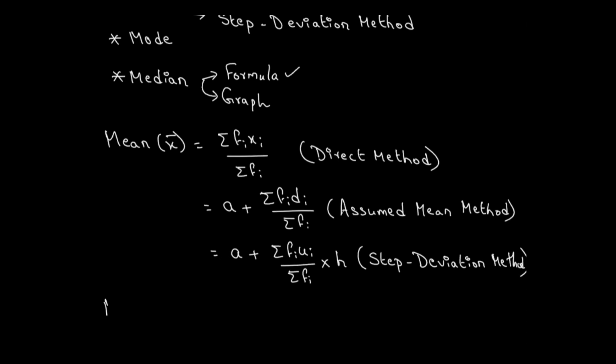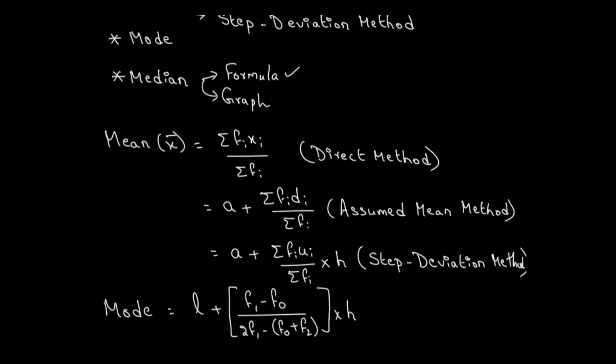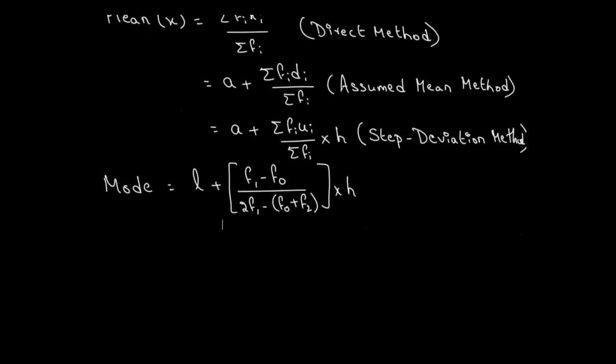What about mode? Mode, if you observe, it is L plus F1 minus F naught by 2F1 minus of, I prefer to write like this, minus of F naught plus F2 into H. Whereas the last central tendency, median.